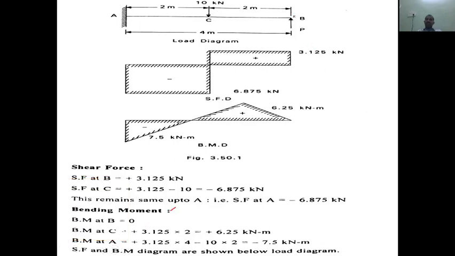Bending moment at B is 0, because moment indicates force multiplied by distance, and exactly at the prop there is no distance, therefore bending moment is 0. At hinged ends as well as roller ends, bending moment will always be 0, but bending moment occurs only at the fixed ends. At a cantilever or fixed support, we get a moment, otherwise 0, right?